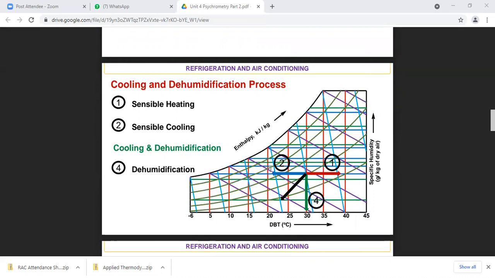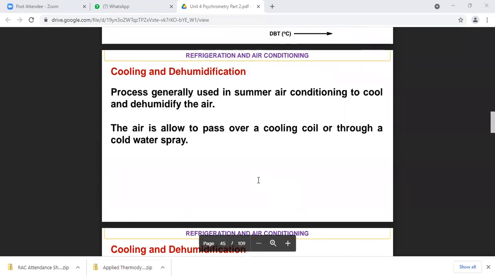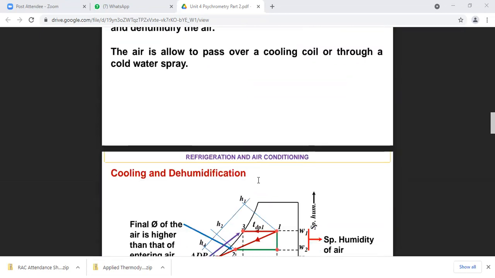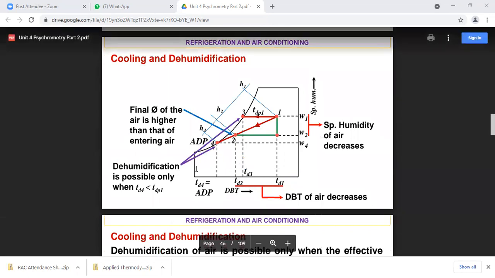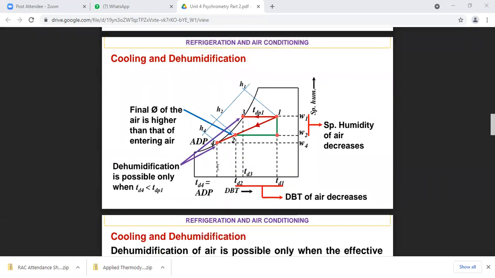You can see we can represent the dehumidification process on the psychrometric chart. This process is generally used in summer air conditioning to cool and dehumidify the air, and the air is allowed to pass over the cooling coil through the cold water supply. We represent the cooling and dehumidification process on the psychrometric chart in this way.